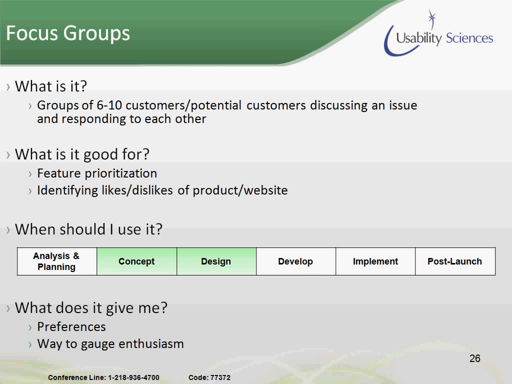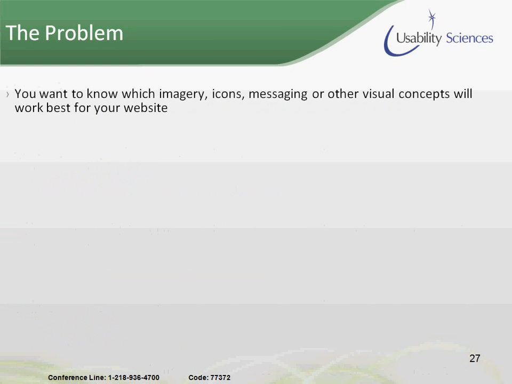You kind of quickly see when an idea just gets them very excited about using a new product, and when the thing is kind of dying a sad death. All right, let's go on to our next problem, which is, let's say you want to know which imagery, icons, messaging, or other visual concepts will work best for your website.